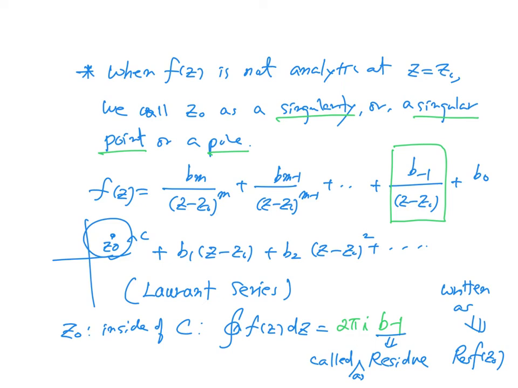So they invented the mathematical techniques that can be used to calculate very complicated complex functions. And the result is you only need one bit of information, b minus 1. And it's called the residue of the function, and written this way. So how do you calculate the residue? It's very simple.